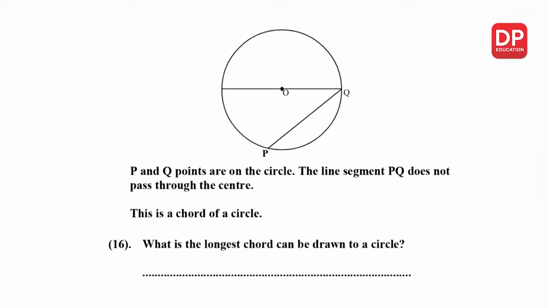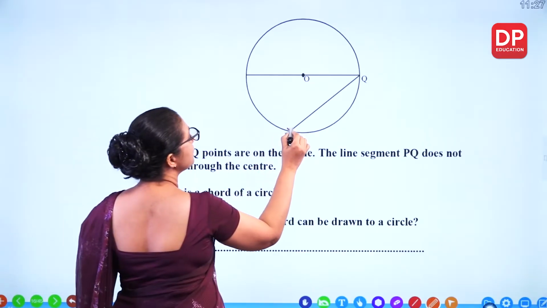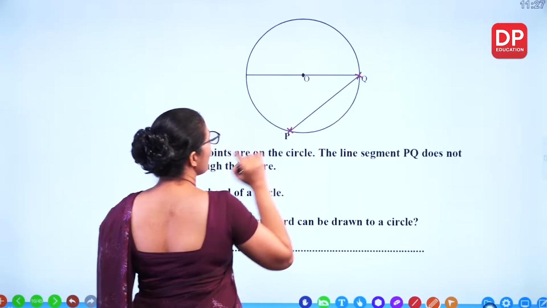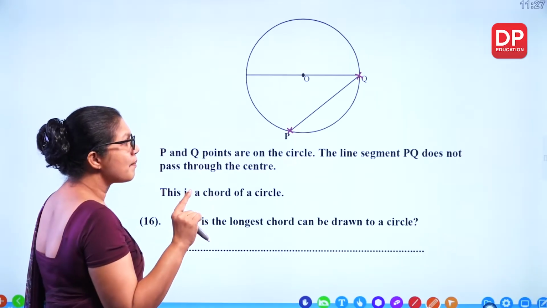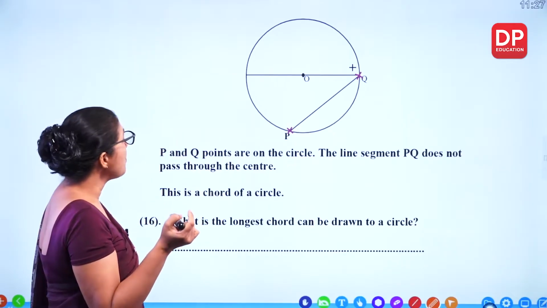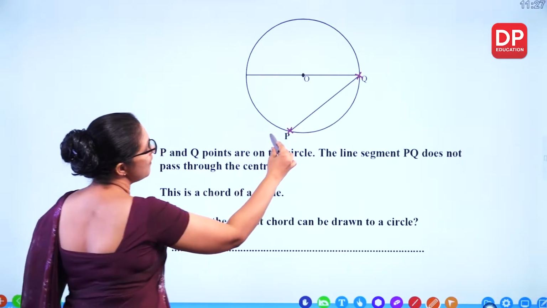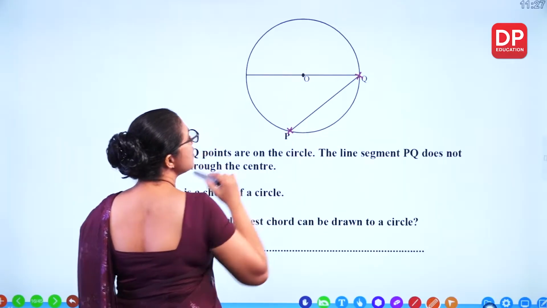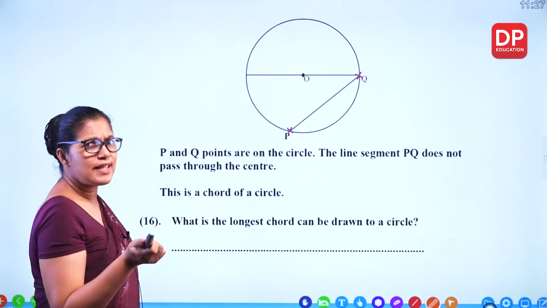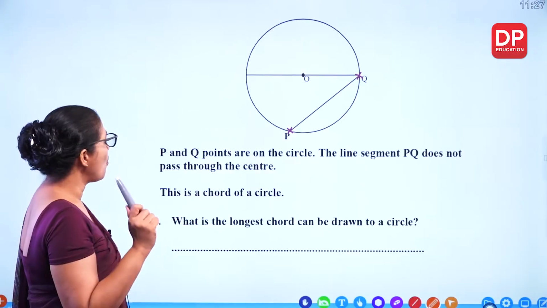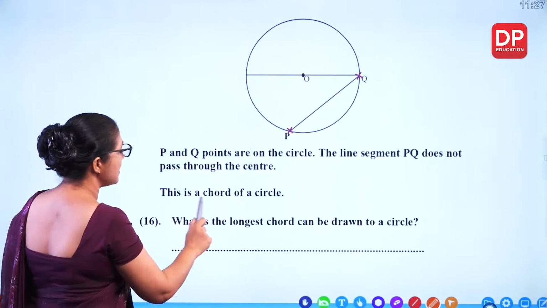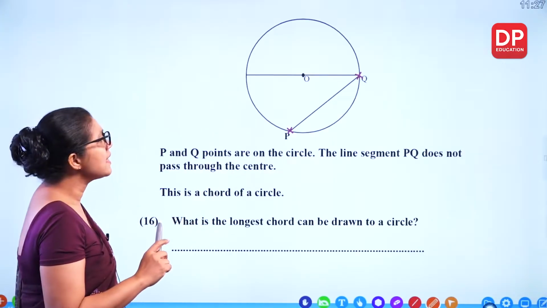P and Q points are on the circle. These 2 points. The line segment PQ does not pass through the center. So this line is not passing through the center. Is that the diameter? No. We call that a chord of a circle.